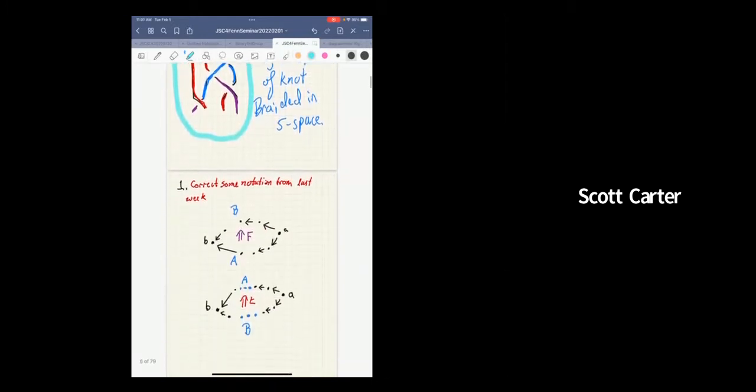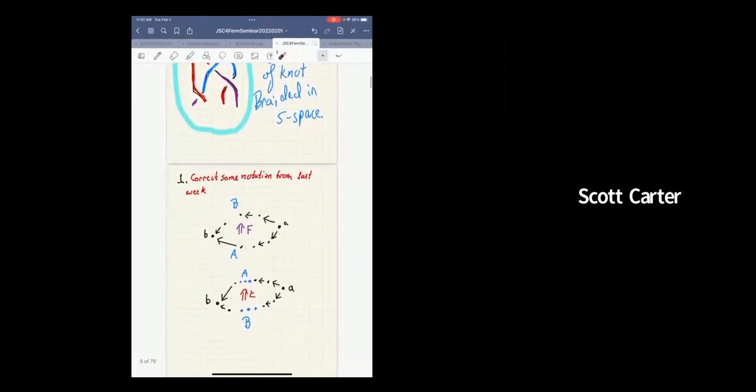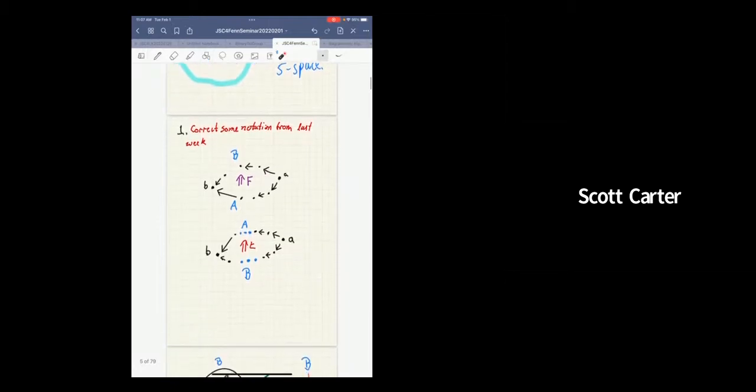Before I do that, I want to correct some notational errors that I had last time. I talked about a 2 arrow that went from the source 1 arrow A to the target 1 arrow B. That 2 arrow would be named F, and that would replace a commutative diagram.